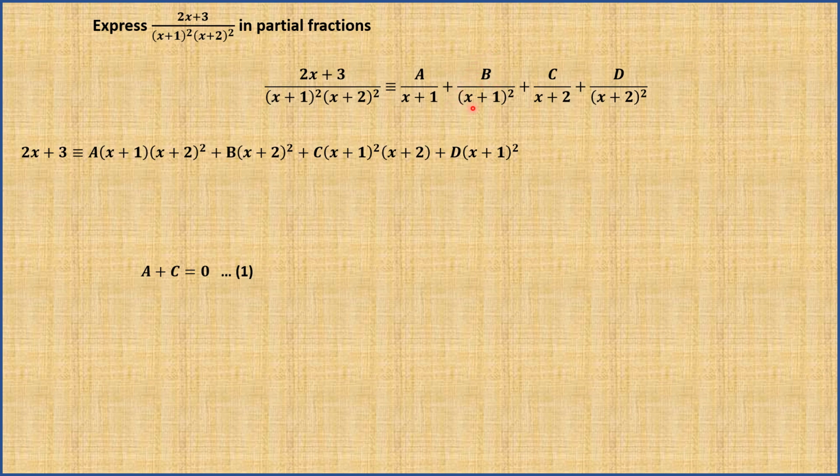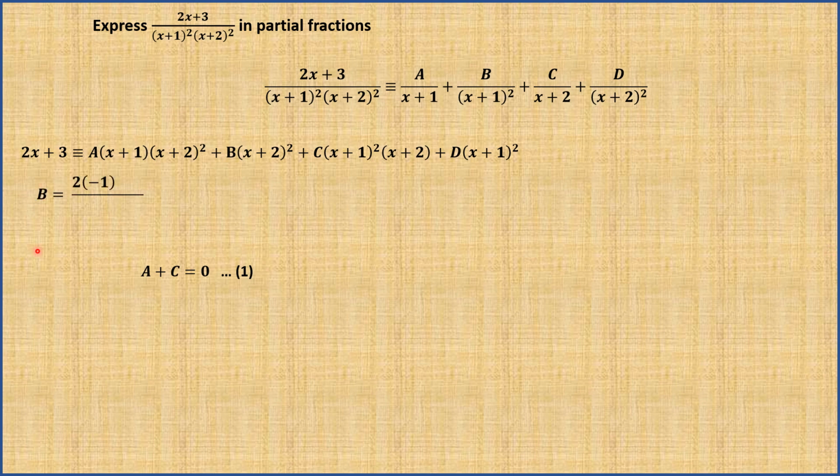You know that this denominator vanishes when x is negative 1. So I will come here and use the cover-up method. I cover this term (x + 1) squared. When I cover that up, I'll be left with (2x + 3) divided by (x + 2) all squared. And I'll replace now x equals negative 1, since that's the value of x that makes this denominator vanish, I'll get B directly.